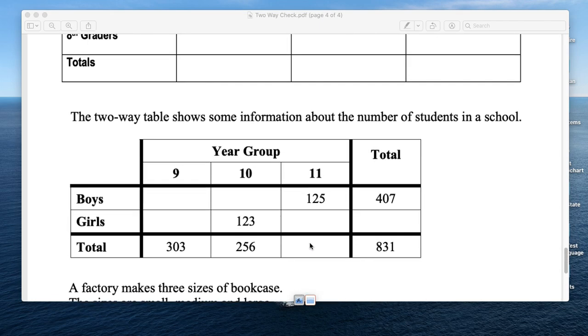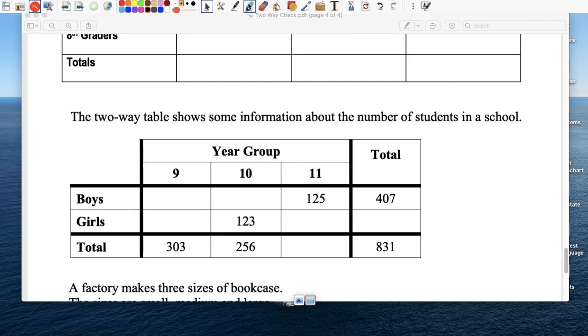All right, so just fill in the blanks. It doesn't matter which one we do first. Here are categories, if you're a boy or girl, or whether you're in the 9th, 10th, or 11th grade. So let's do this one. 831 minus 407, we can get 424 here, right?